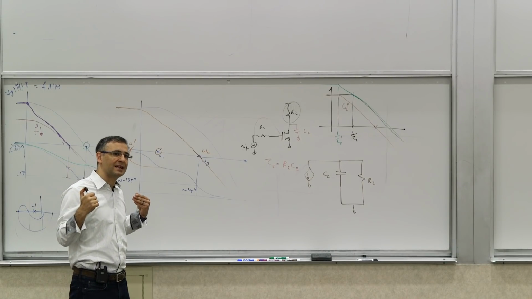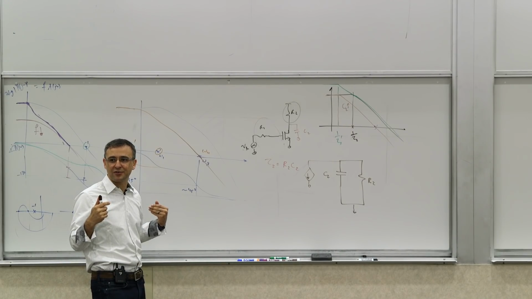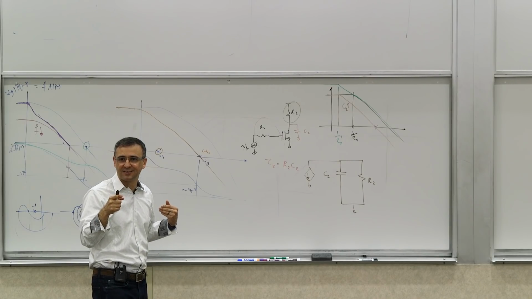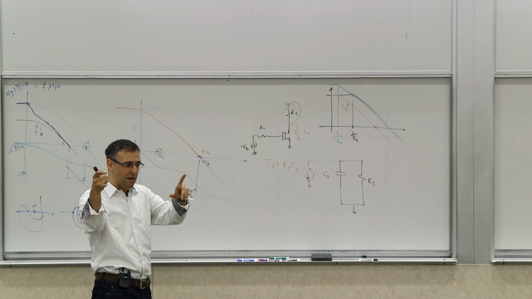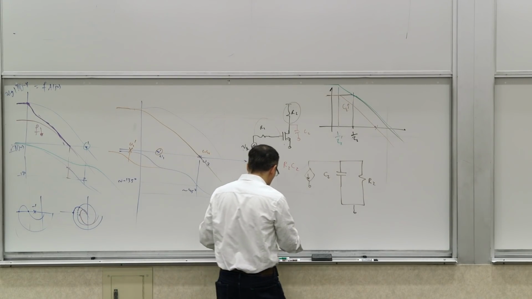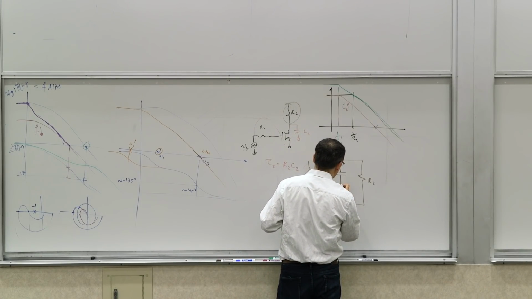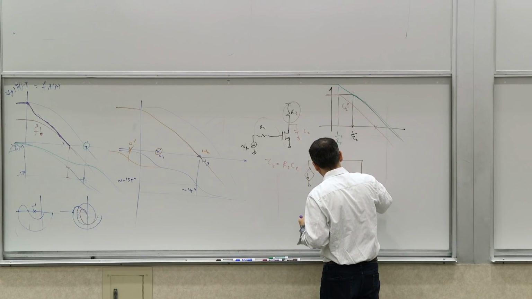You remember, we can always introduce a zero by introducing a parallel branch, a parallel series RC branch. In other words, a series RC branch, R and C in series, in parallel with whatever you have. So it means just basically taking this C and introducing the resistor R. So let's rename these a little bit.